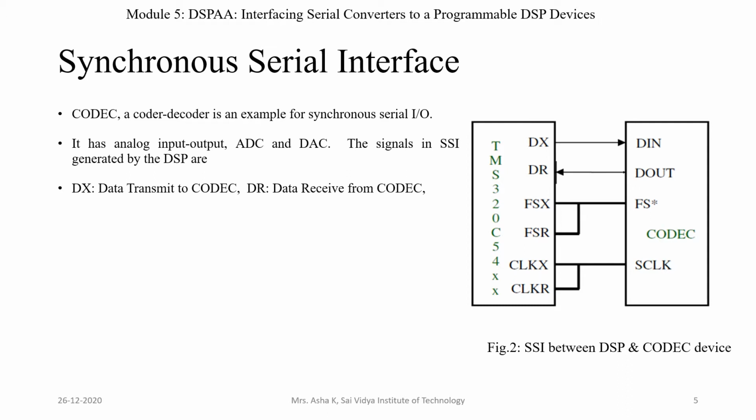It has analog input-output, ADC and DAC. The signals in the SSI generated by the DSP are, first, DX, data transmitted to codec, and DR, data received from codec.